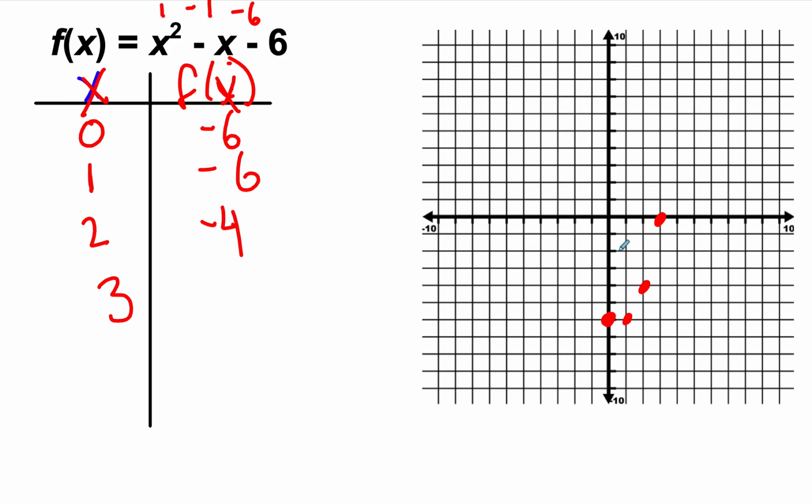So we have 0. Now I'll plug in 4. 4 squared is 16. 16 minus 4 is 12. 12 minus 6 is 6. So 1, 2, 3, 4, 1, 2, 3, 4, 5, 6.